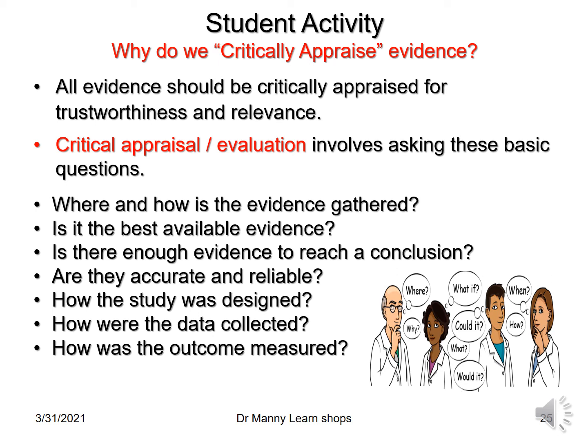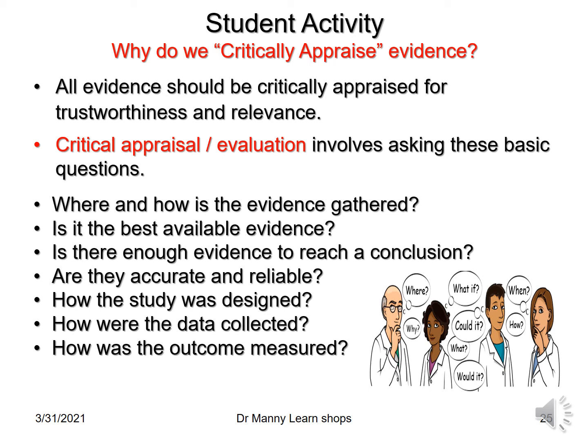Where and how is the evidence gathered? Think back to your scientific philosophy, your epistemology, your ontology, your axiology. Is the best evidence available? Is there enough evidence to reach a conclusion?